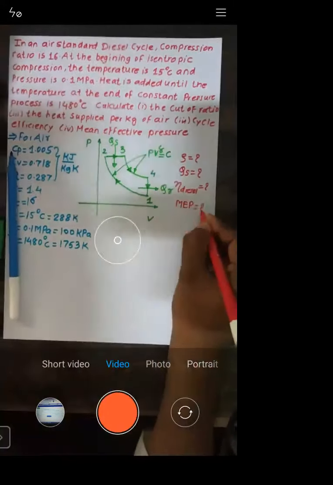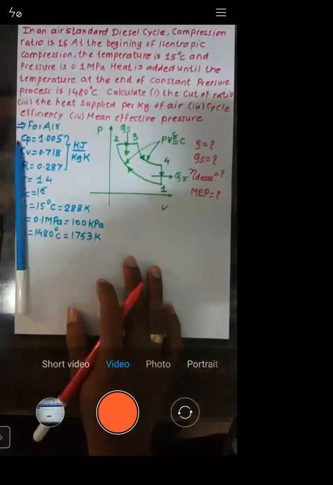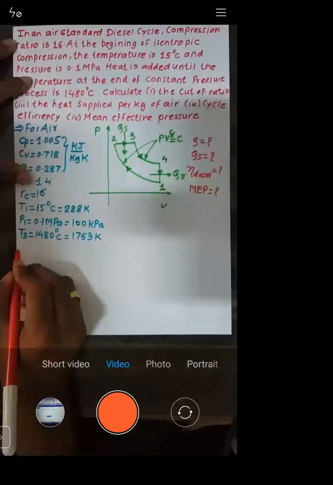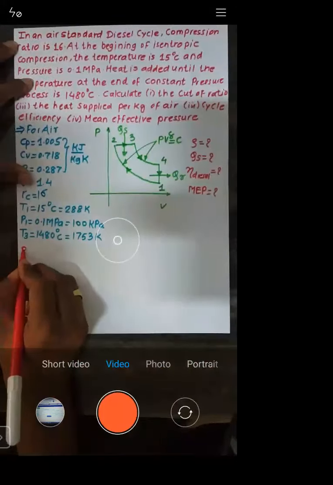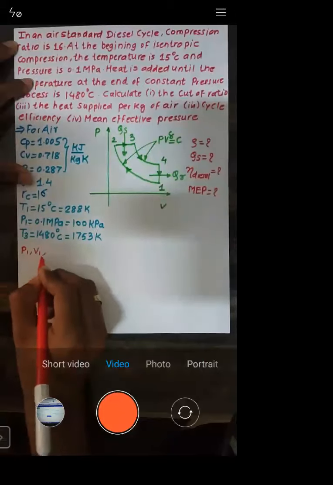Now, as I told you, let us start with point number 1. P1, V1 and T1, we are interested to calculate each.